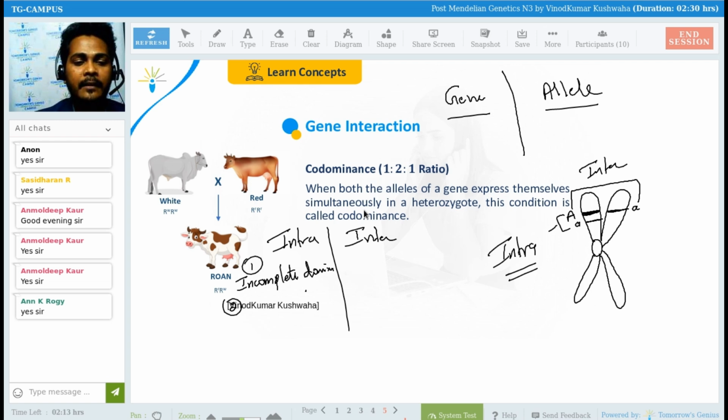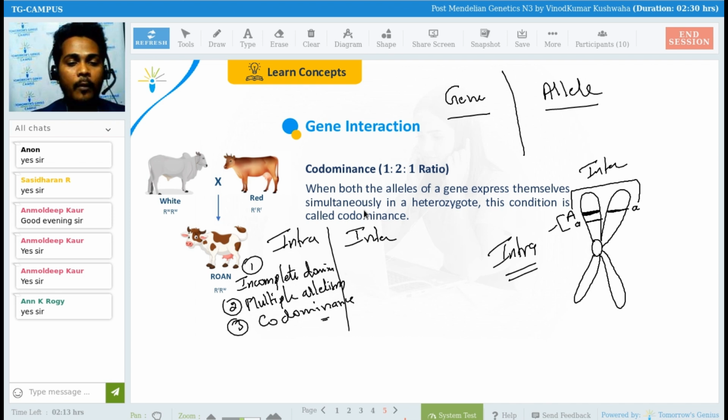Another type is multiple allelism. And the third type is called codominance. So a total of three types of intragenic interactions. Now, what are the types of intergenic interactions?